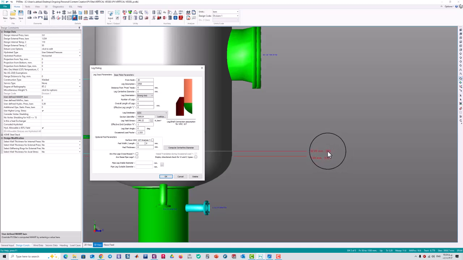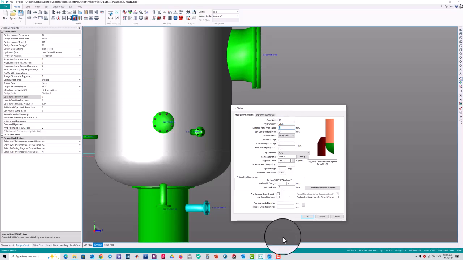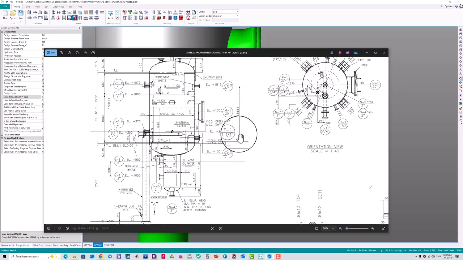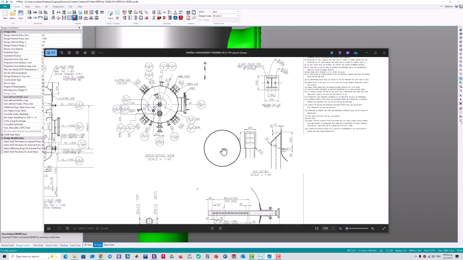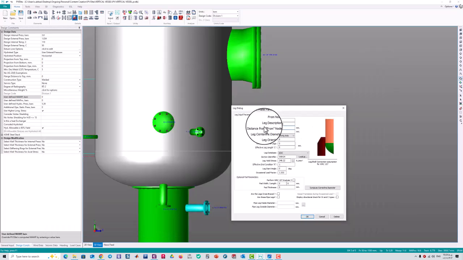And the node that we have to give the distance from is node 20. For the selection of the distance from the node, we have this dimension over here, 350.